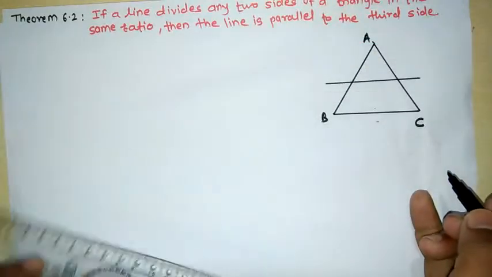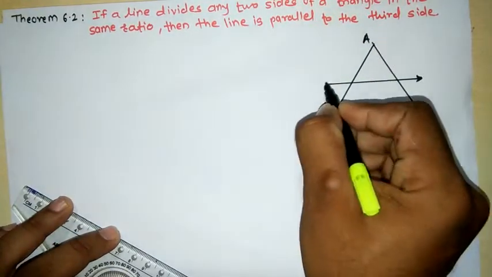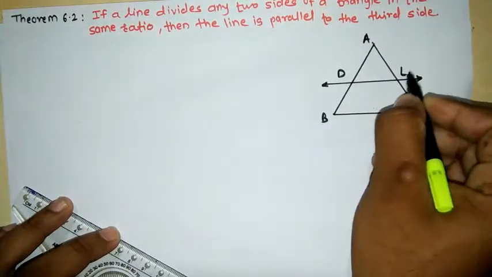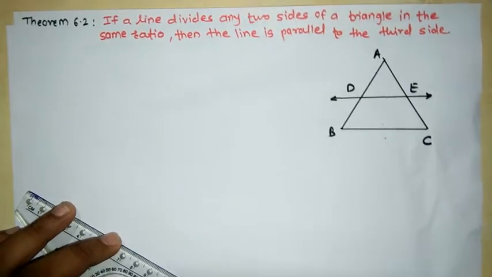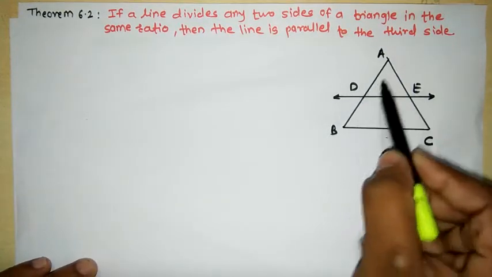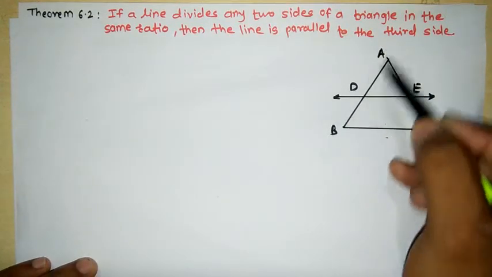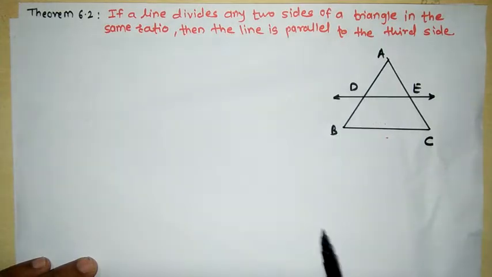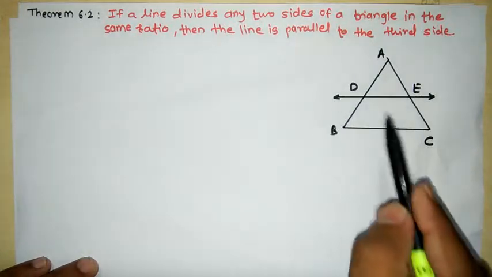I draw one line, that is this line I will name as DE. Suppose this line DE divides the other two sides of the triangle. See here, line DE divides the two sides AB and AC in the same ratio. Same ratio पे divide करता है, that is line DE.